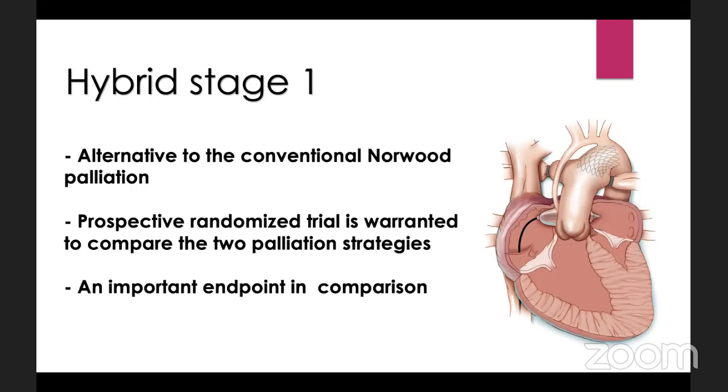However, you're just delaying it to a later stage. So the second operation, instead of being a Glenn shunt in the Norwood population, if the patient had a hybrid stage 1, then the bigger operation will be the comprehensive Norwood Glenn operation at stage 2. They will be a little bit older and probably can tolerate the big operation better. That's kind of the argument.